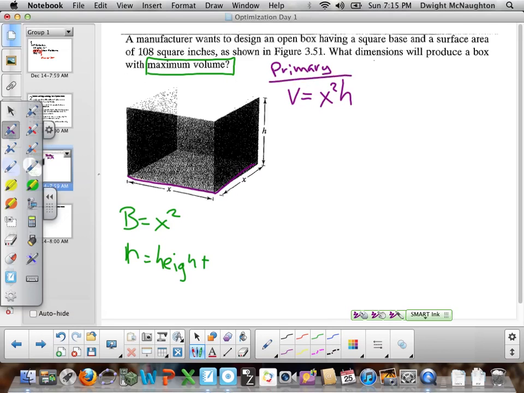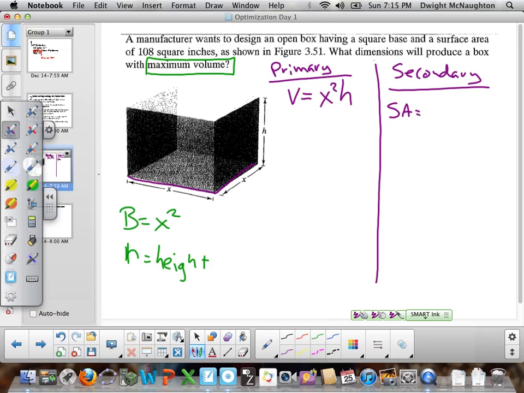Now because there's an x and an h, there's nothing I can do with it right now. I need to come up with a secondary equation that involves h in some way. What other information do they tell me in this problem? Well, they tell me the surface area is 108 square inches, right? My secondary equation will involve surface area. So surface area, what is this surface area?